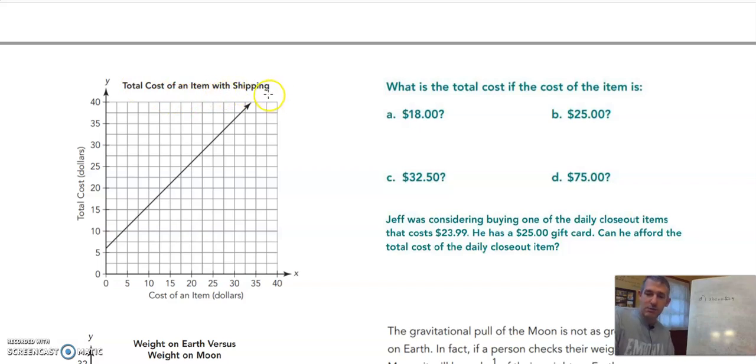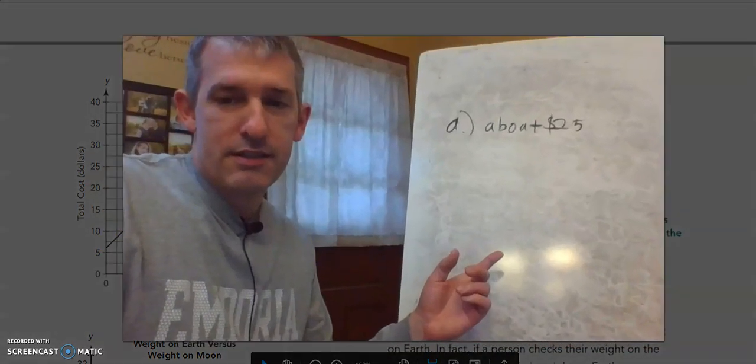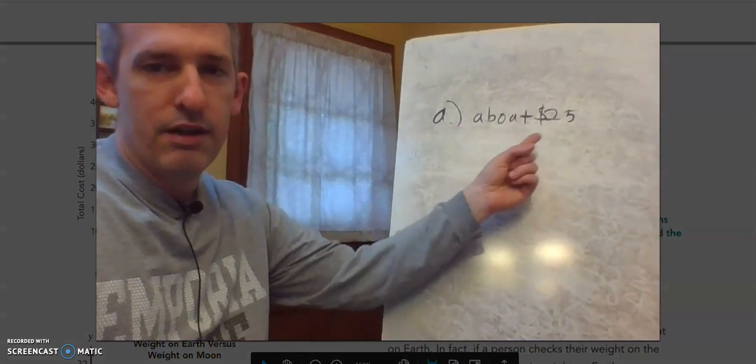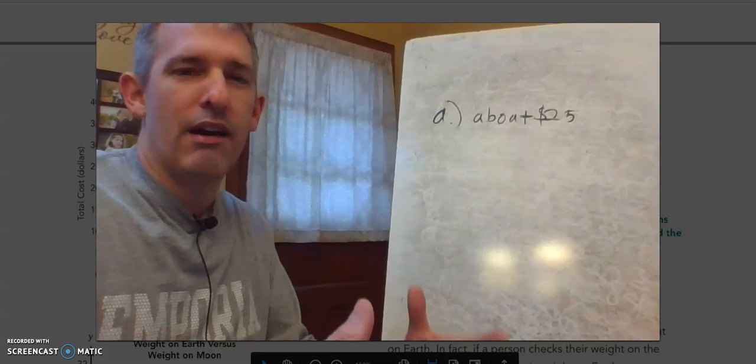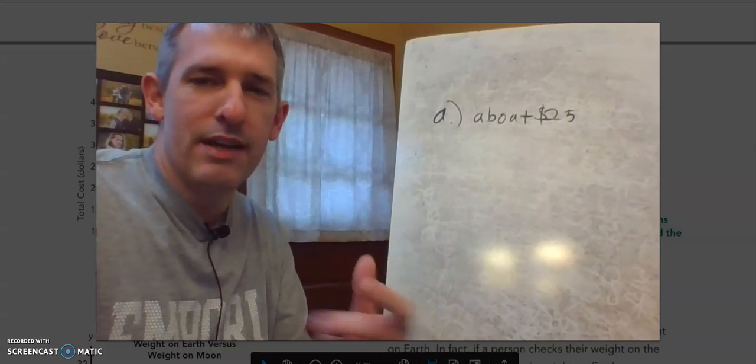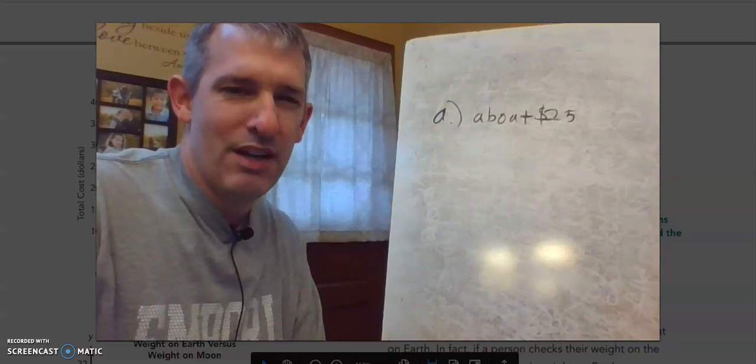You guys know this from experience. You buy something online, there's usually shipping involved, and you got to pay that on top of the price of the item. So this would make sense because $18 is less than 25, so our total cost is more than the item cost. Okay, so what are they adding on there? All right, well, based on this, it's about what, $7?